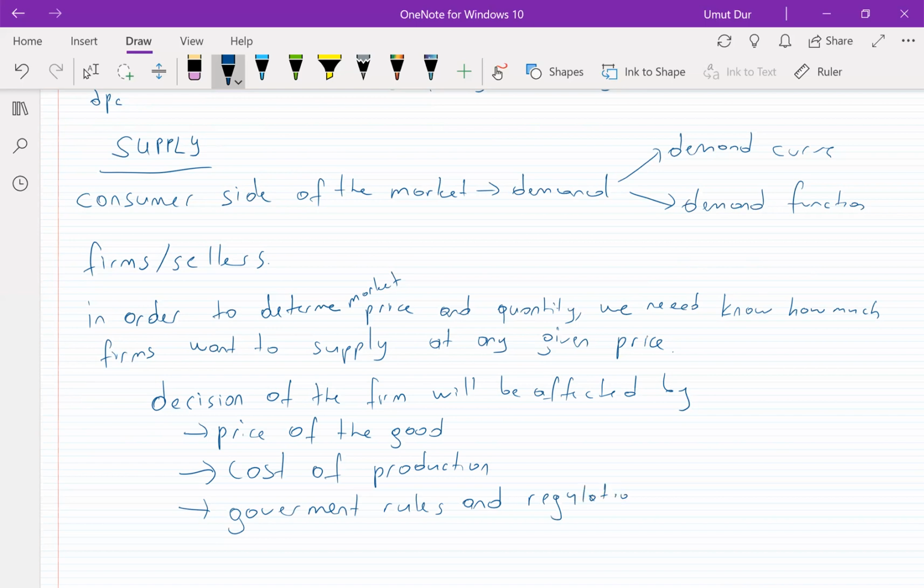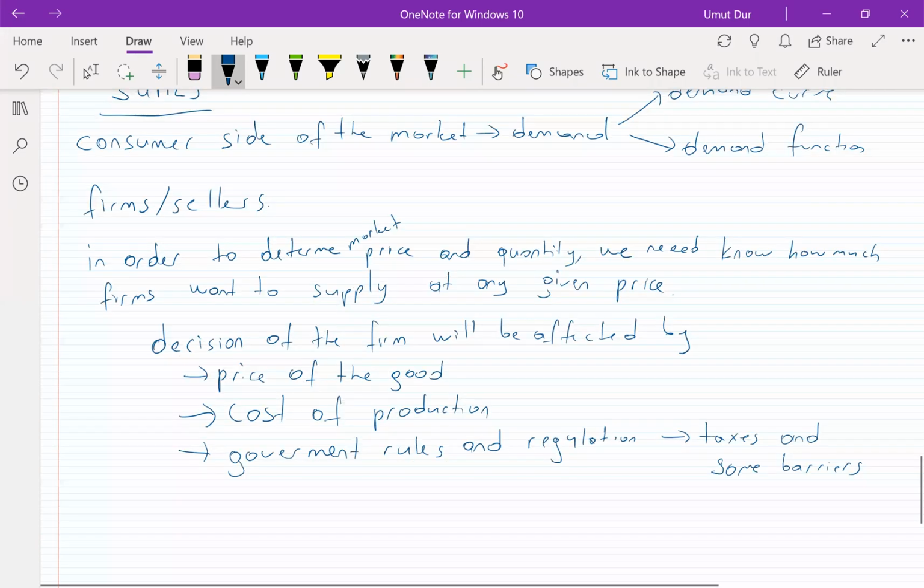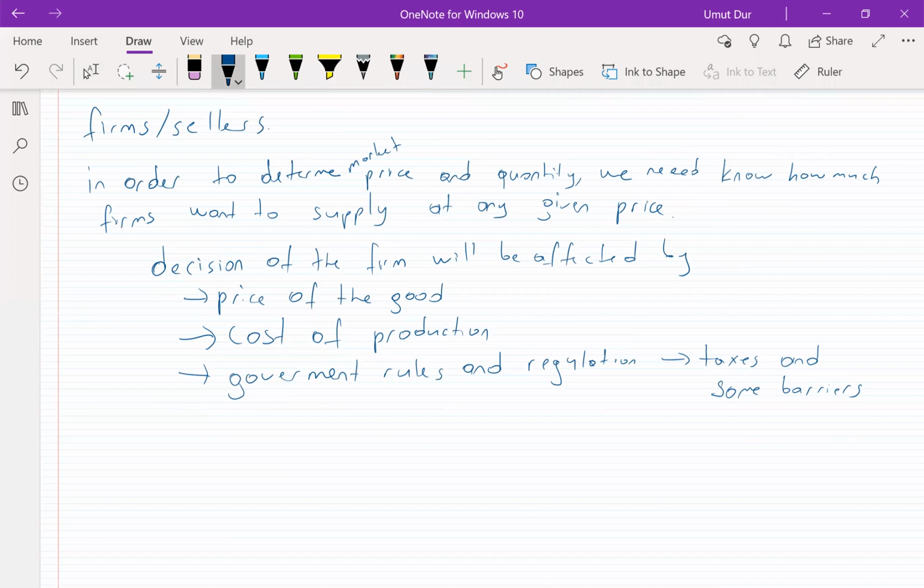So there can be some taxes and some barriers put by the government. As you can think, if the price of the good increases, then the supply will increase. If the cost of production increases, then supply will decrease. We will have different effects here.